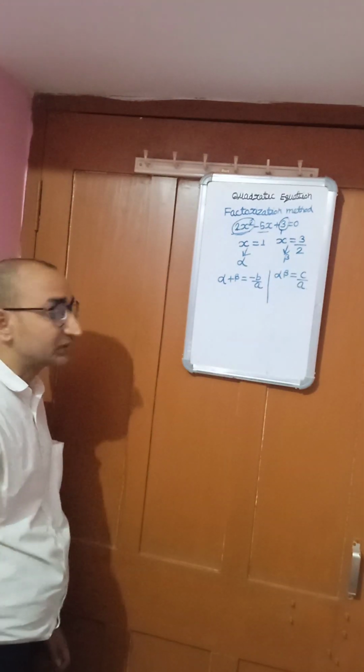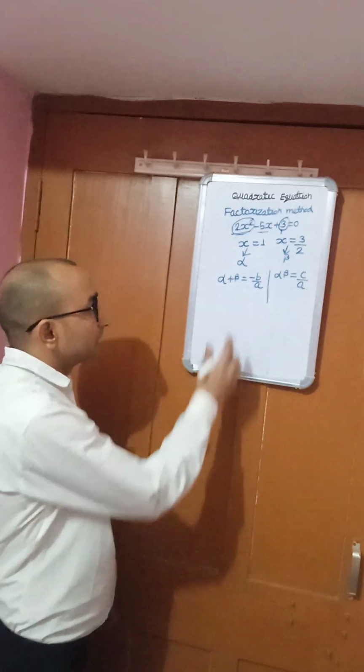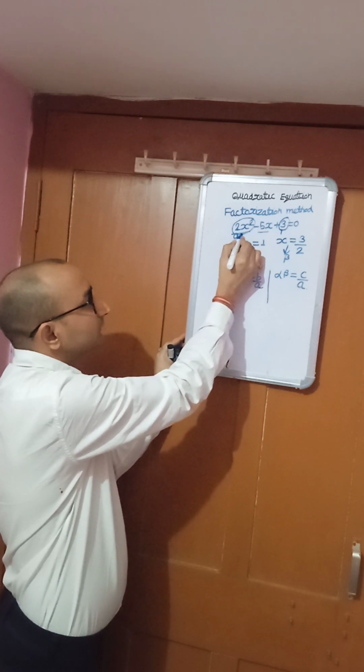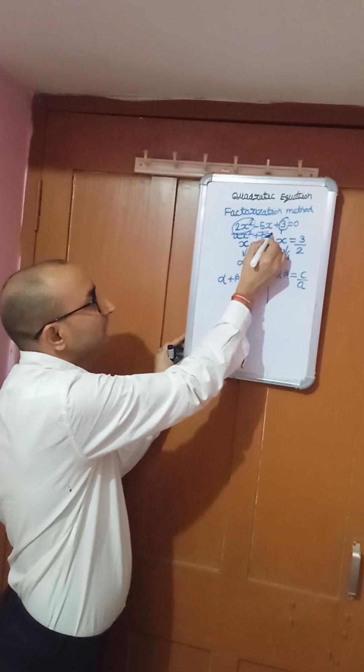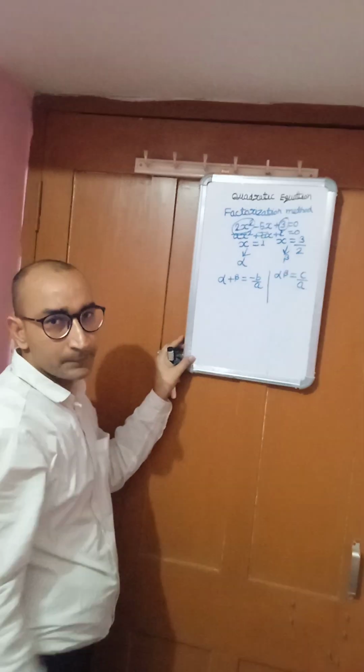So I want to check there. We can check here, because the quadratic equation is ax square plus bx plus c equals to 0.